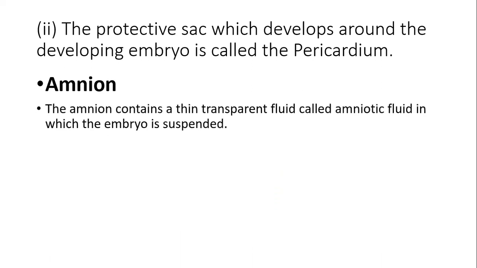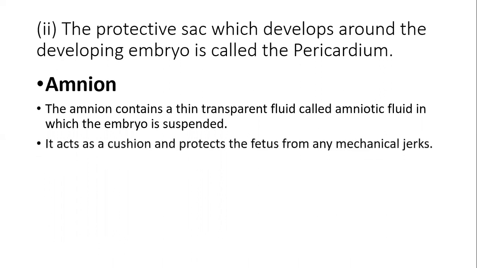Now let's see more information on the amnion. The amnion contains a thin, transparent fluid called amniotic fluid, in which the embryo is suspended. It acts as a cushion. This question was asked in one of the exams, when I had gone for correction. It acts as a cushion and protects the fetus from any mechanical jerks.